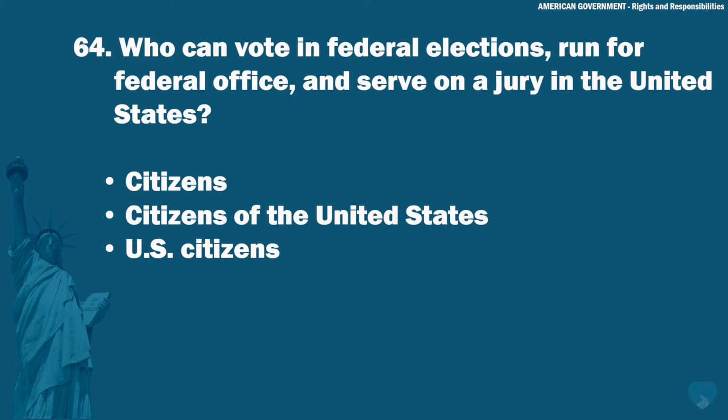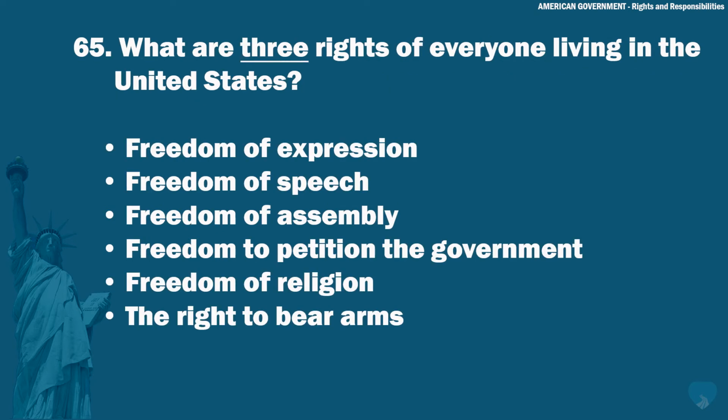Question 64. Who can vote in federal elections, run for federal office, and serve on a jury in the United States? Citizens. Citizens of the United States. U.S. citizens. Question 65.